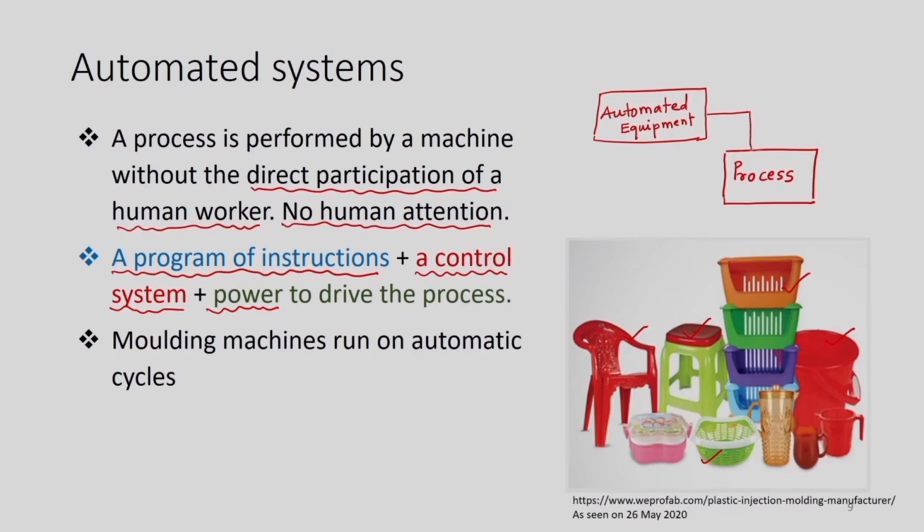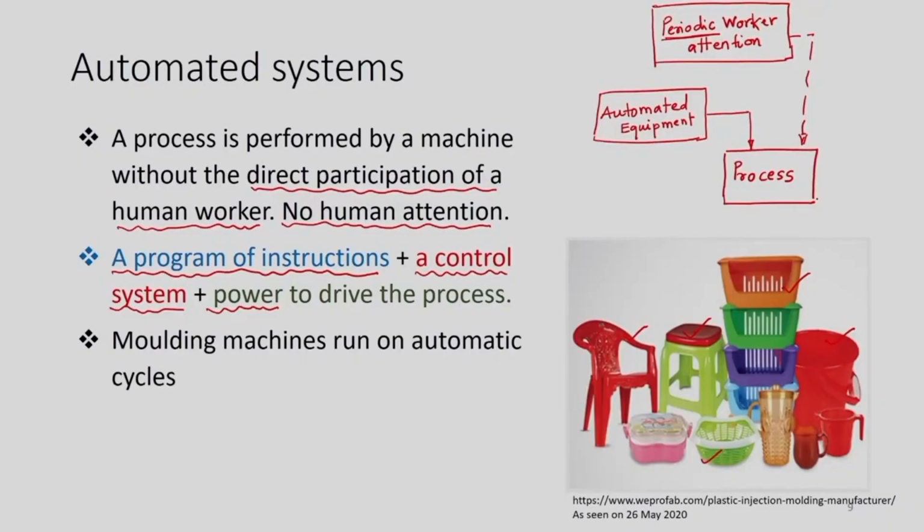So, an automated equipment, and we need to have periodic worker attention. So, the word periodic is very important here. Periodic means there is no continuous human attention required. We can have the intermittent attention of the worker to just know whether the automated equipment is working as per our desire, as per our requirements.